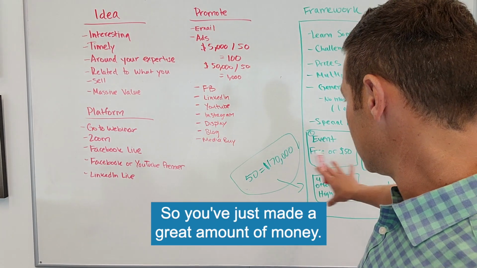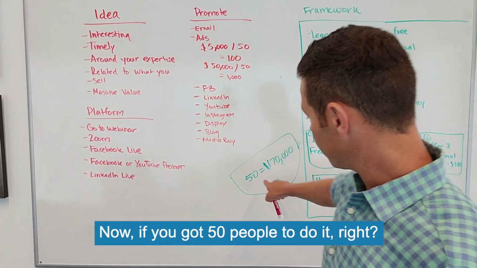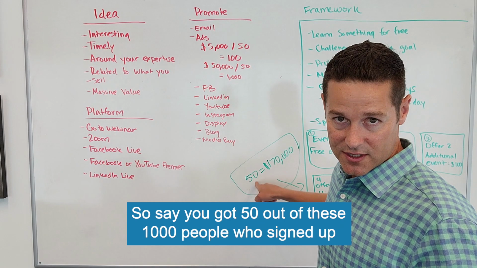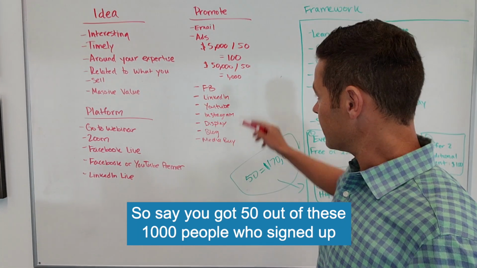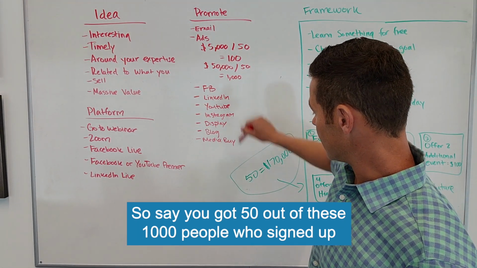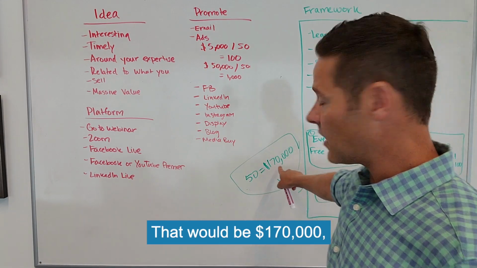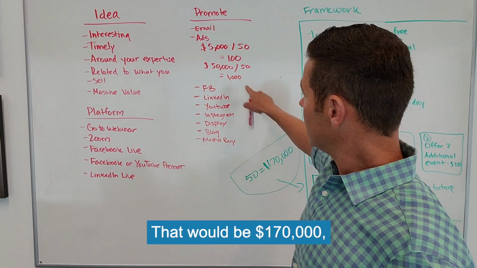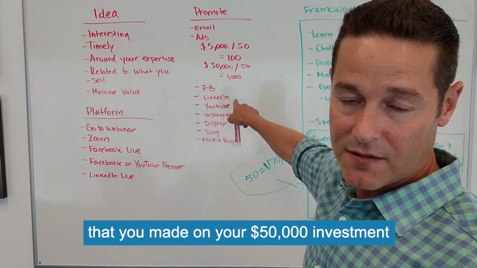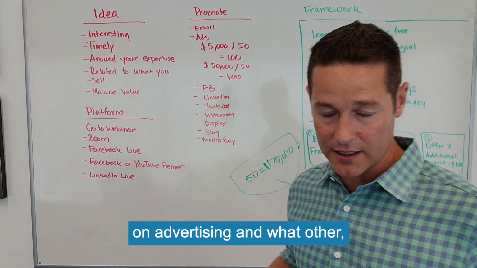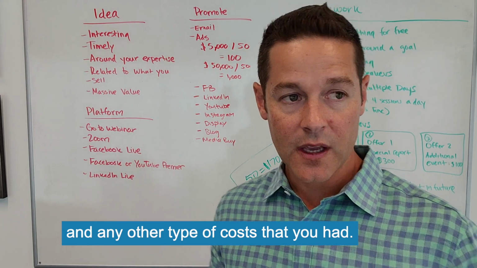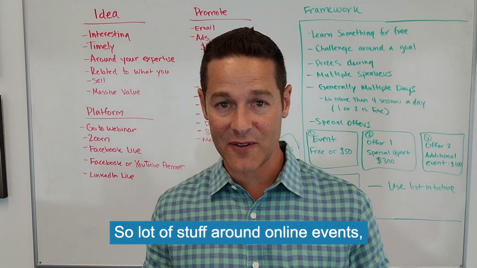So you've just made a great amount of money. Now, if you got 50 people to do it, right? So say you got 50 out of these 1,000 people who signed up, 50 of the actual people did all of that. That would be $170,000 that you made on your $50,000 investment on advertising and any other type of cost that you had.